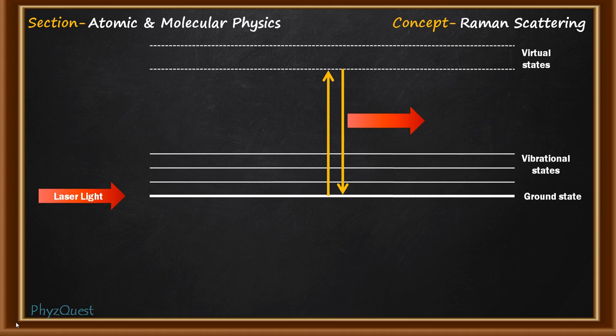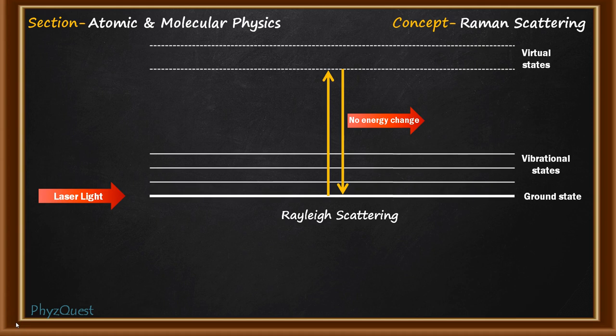Out of the three scenarios, the first scenario, as you can see in this image, is the electron in the original ground state, after absorbing the photon energy, going to the virtual state and coming back to the same state by emitting the photon. So here there will be no change in energy of the photon. This scenario is called Rayleigh scattering.